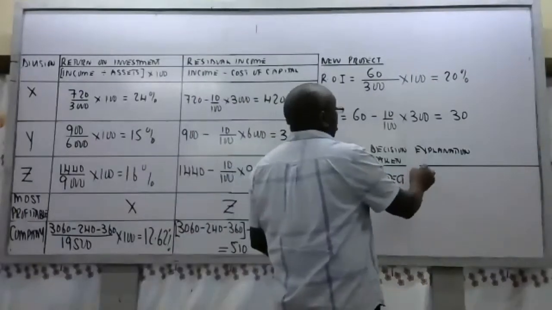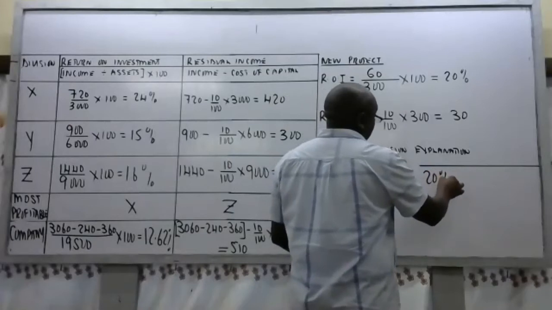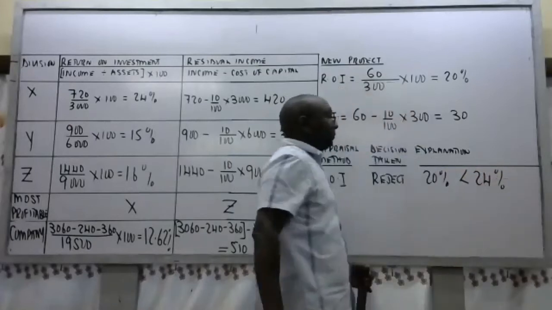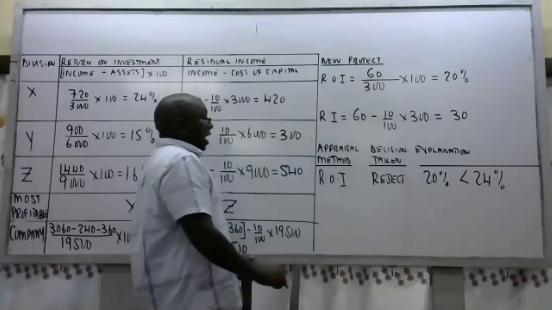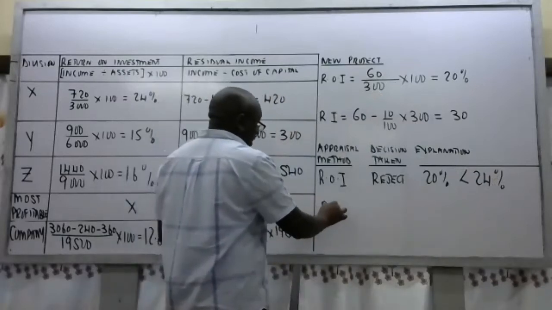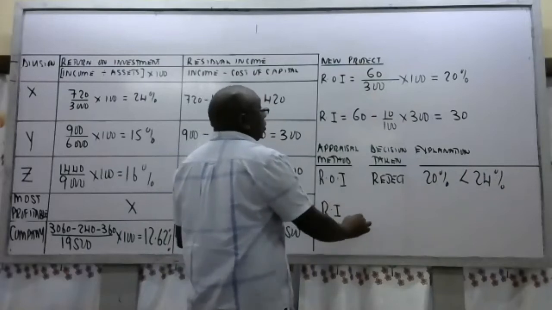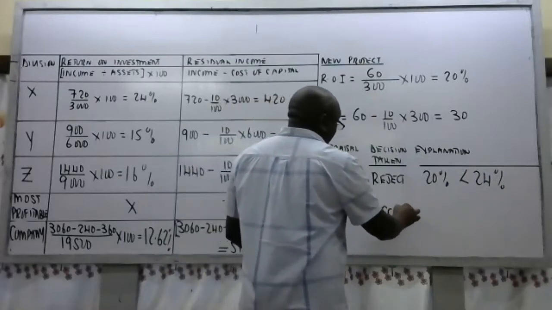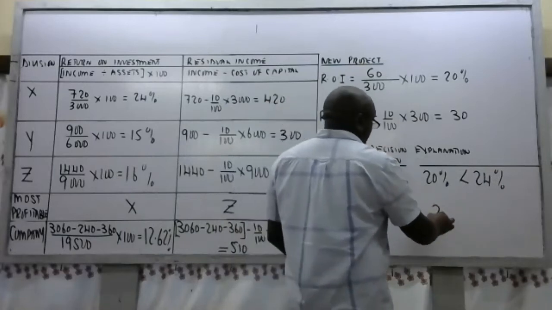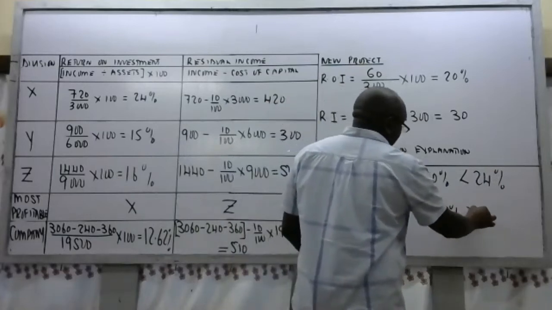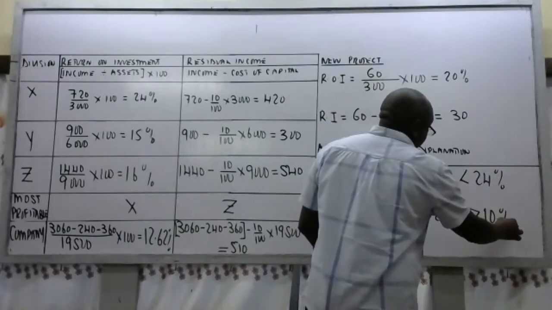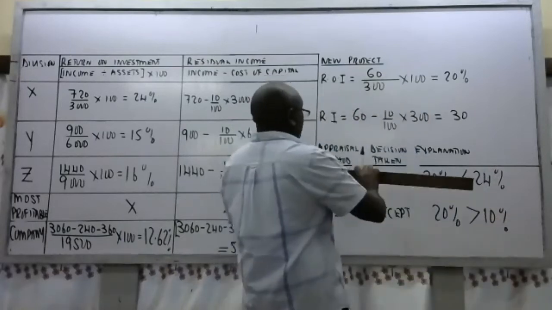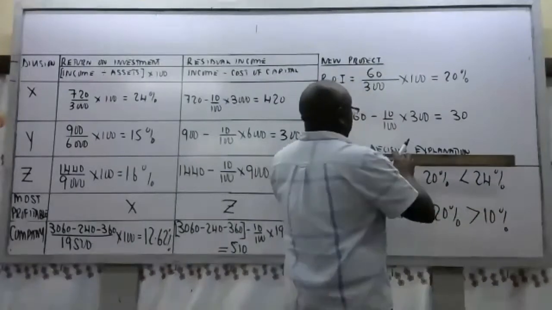Why? 20% is less than 24%. And if you are using residual income, you will tell them to accept. Why would you say so? It is because 20% is greater than 10%.